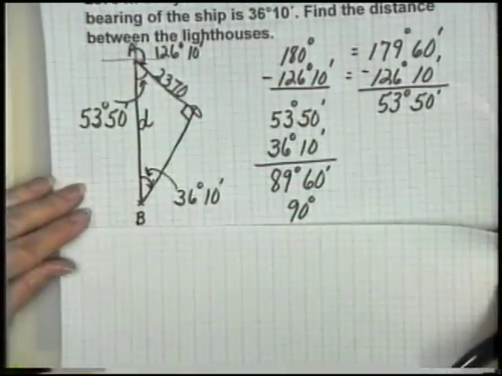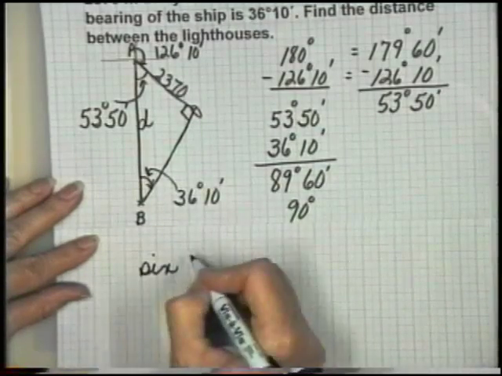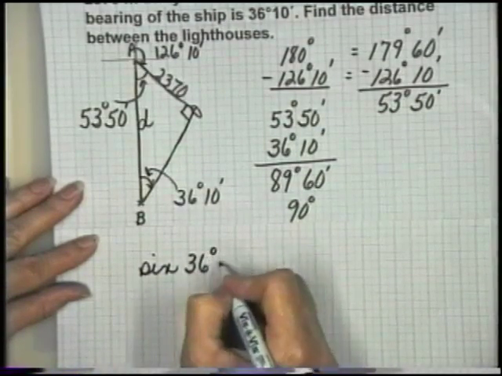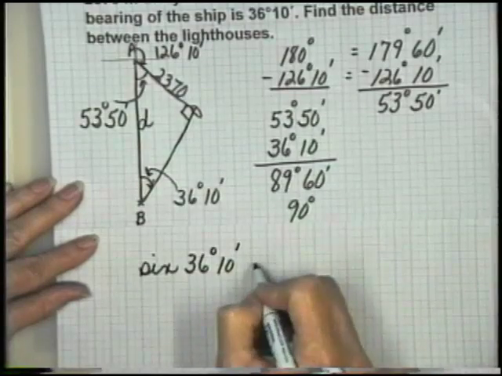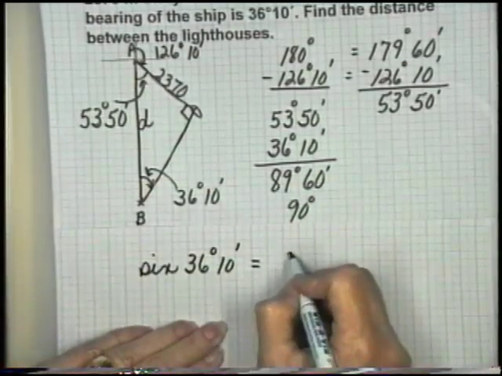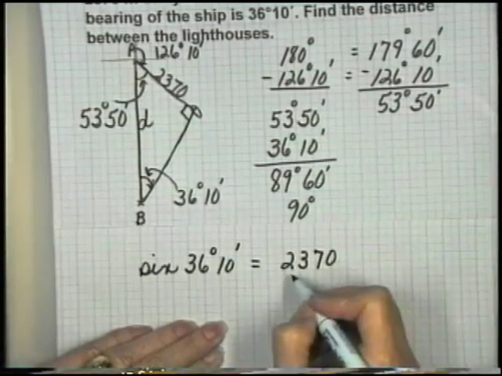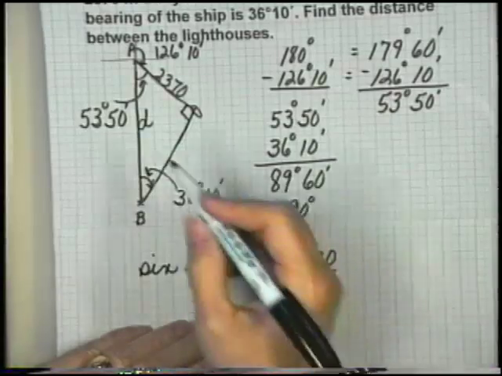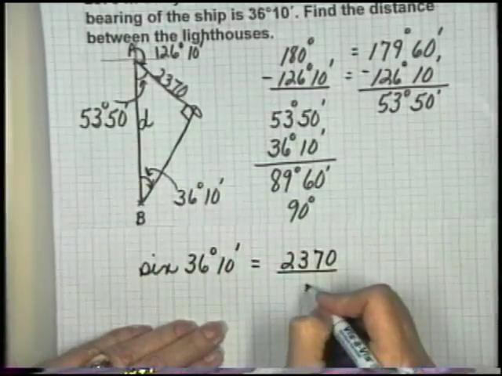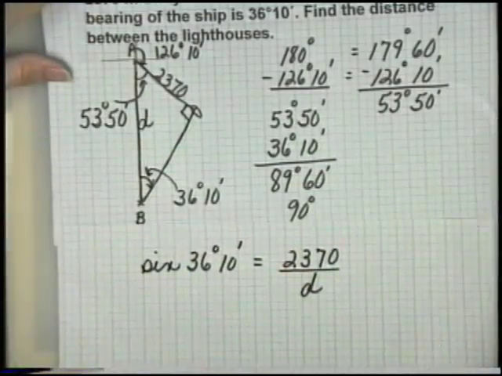So when I set this up, I'm going to say the sine of 36 degrees 10 minutes equals the side that is opposite it, the 2,370, divided by the hypotenuse, which is D.